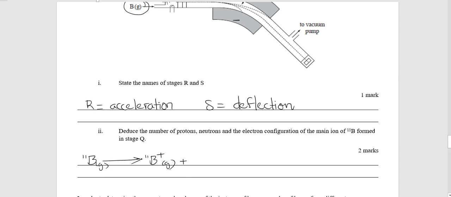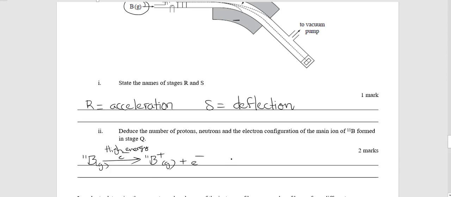Now you don't have to write this equation. I'm just trying to show you what happened in stage Q. So you have high energy electrons supplied.